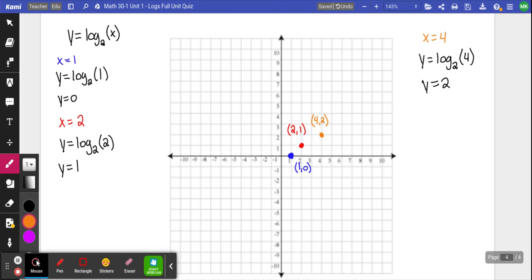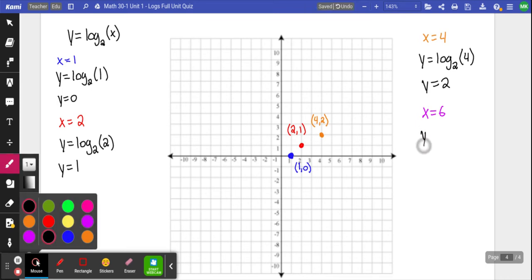And do a couple more. So what happens when x equals 6? y equals log 2 of 6. You put that in your calculator. We're going to have to round this one. That's 2.58.